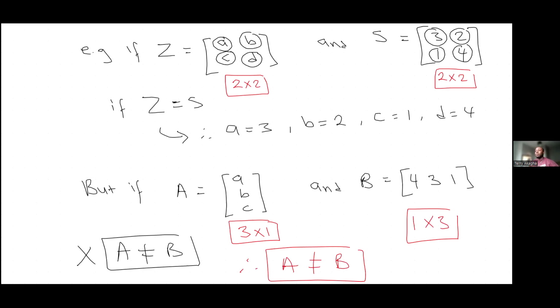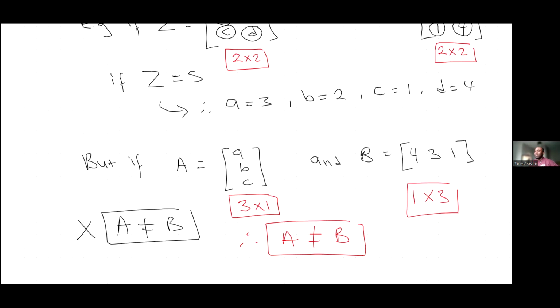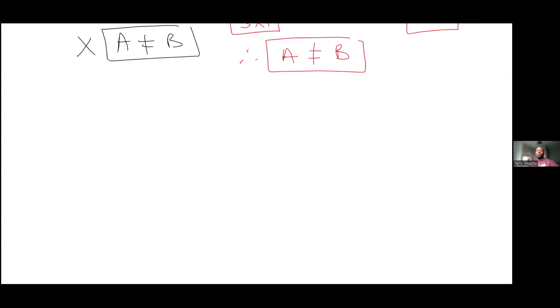All right, so the last one we're going to talk about is number 13, the singular matrix. A matrix is said to be singular if its determinant is 0. We're going to talk about that later.